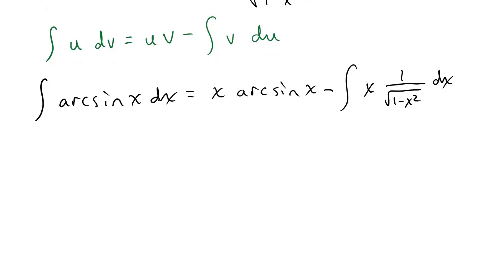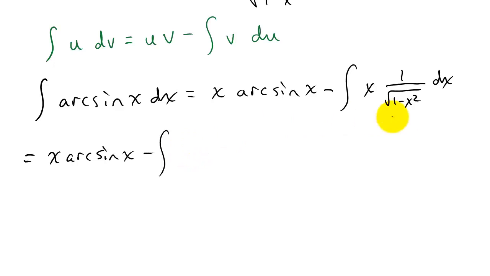Alright, so now we have to integrate this thing, and you can see here that we're going to have to use u substitution. Okay, so let me go ahead and rewrite this. So that's going to be x times arc sine x minus the integral.